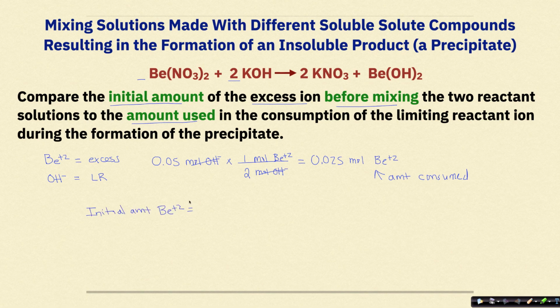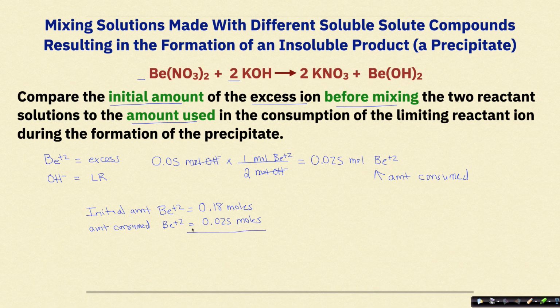The initial amount was 0.18 moles. We figured that out by multiplying molarity times volume. So the amount consumed of Be+2, which we just calculated, was 0.025 moles. We just did that above.